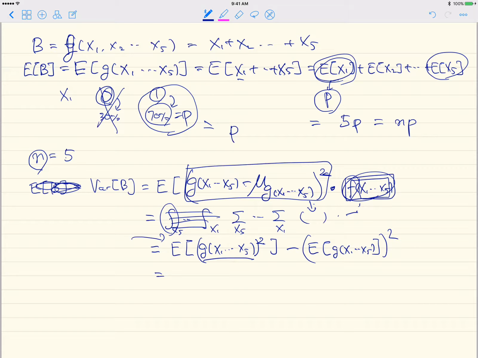This one allows us to easily compute this. So let's first look at this, because we obtained this, right? This is np, and then squared. We have to take the square of it.